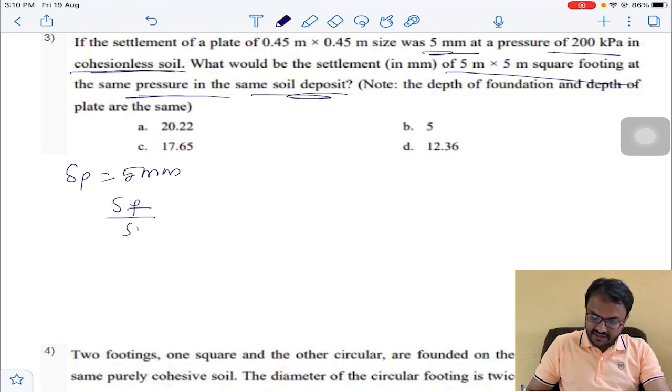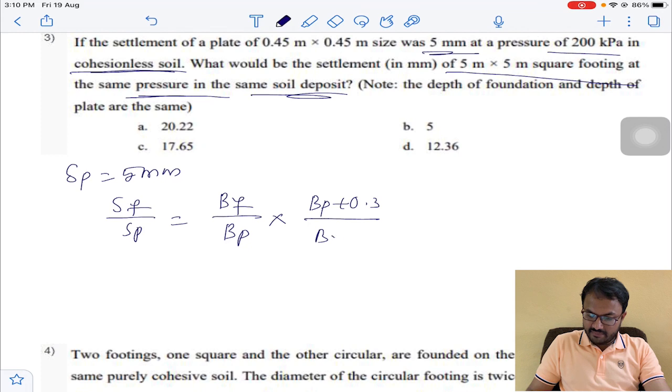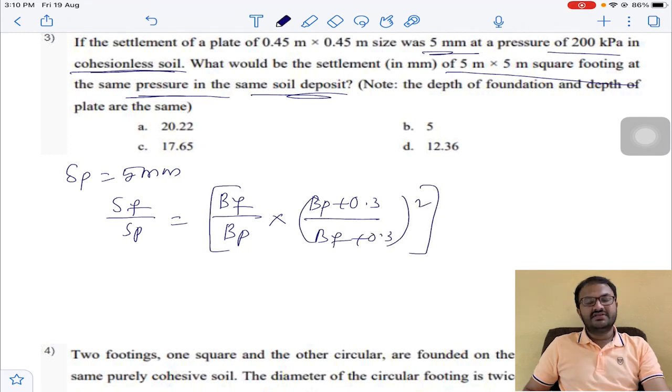SF by SP is equal to BF by BP into (BP plus 0.3) by (BF plus 0.3) whole squared. So for this it will be square. Based on this formula we can calculate the settlement of footing by using settlement of plate.